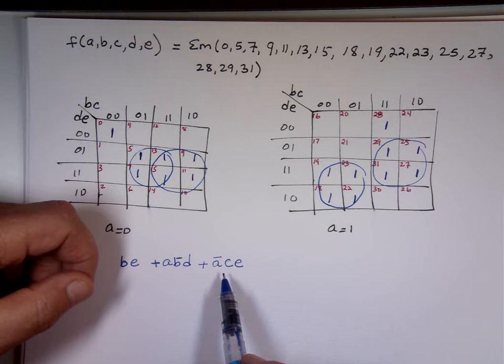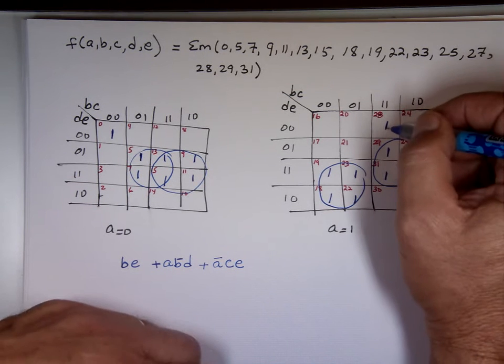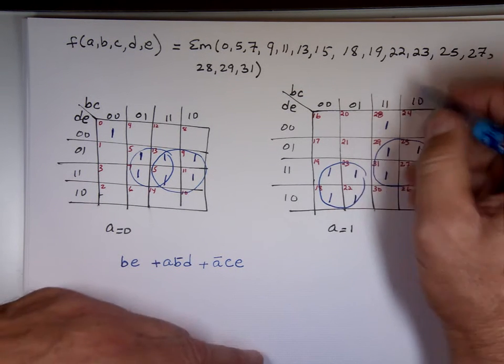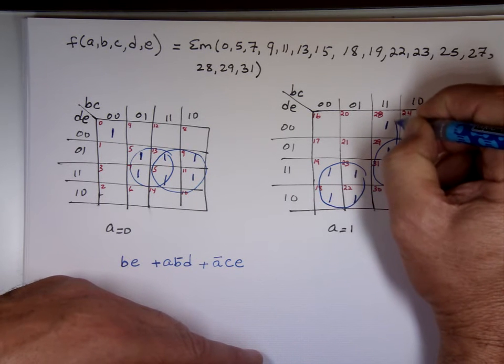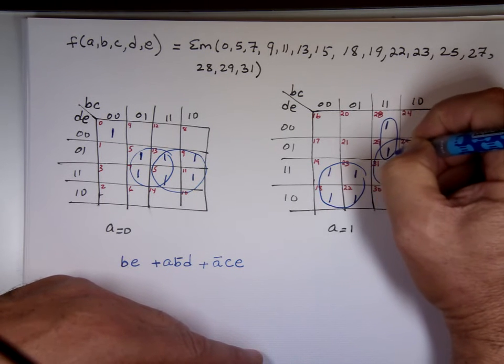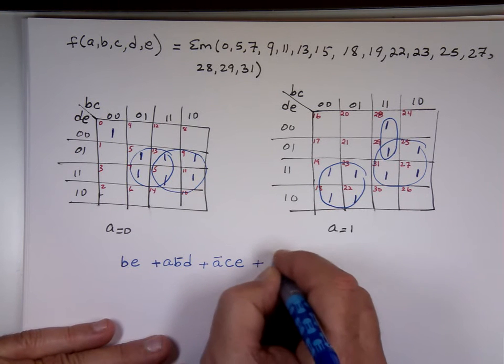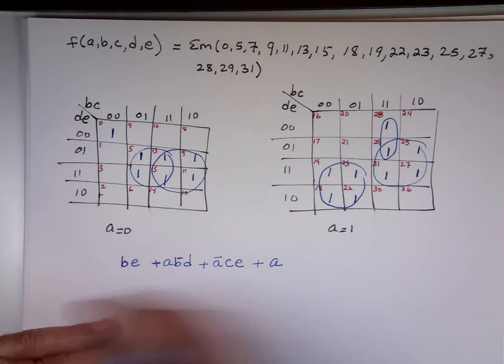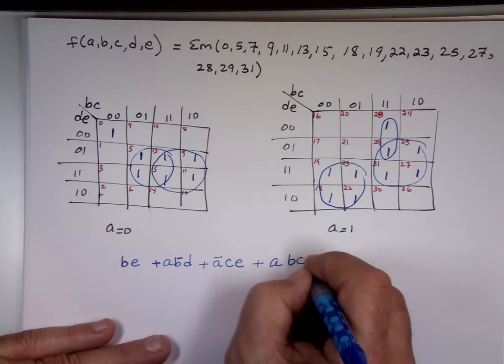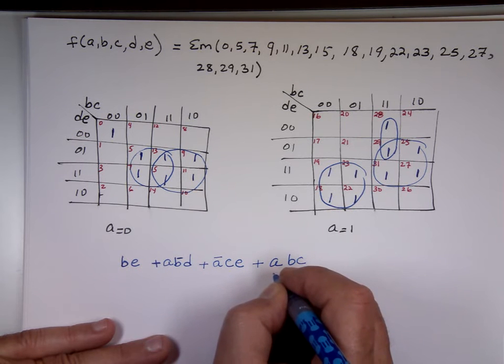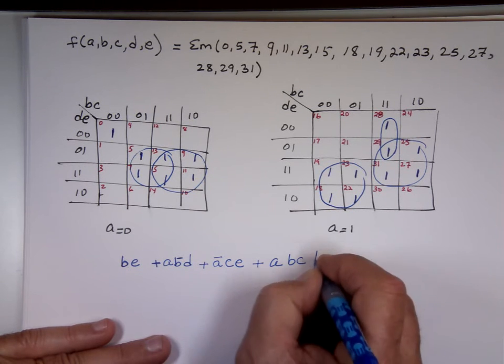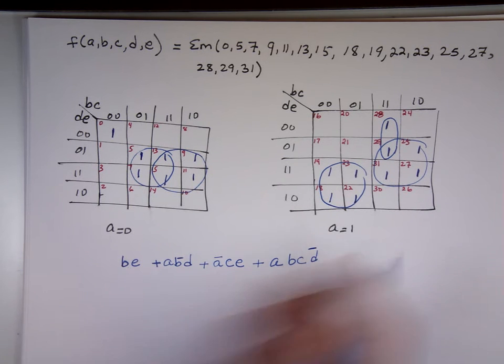You're welcome. Now, notice this one, I still need to take it, but instead of taking it by itself, I can take it with this. A is 1, that's A. B is 1, C is 1. What about D? D is 0, you complement that, and E is changing.